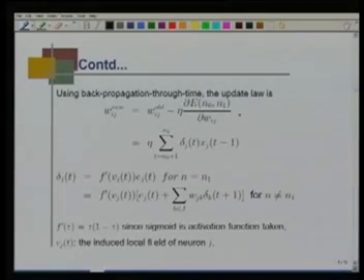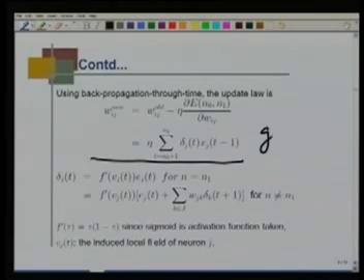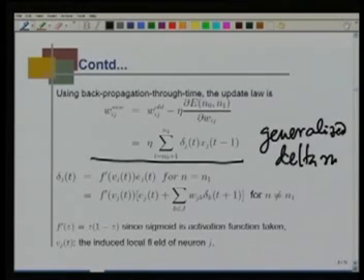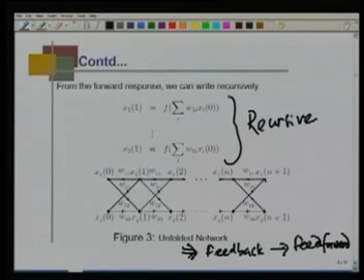And we saw that after you convert a feedback network to a feed forward network, you simply apply the back propagation generalized delta rule. So, I find out what the error is here, I back propagate this error and update these weights.